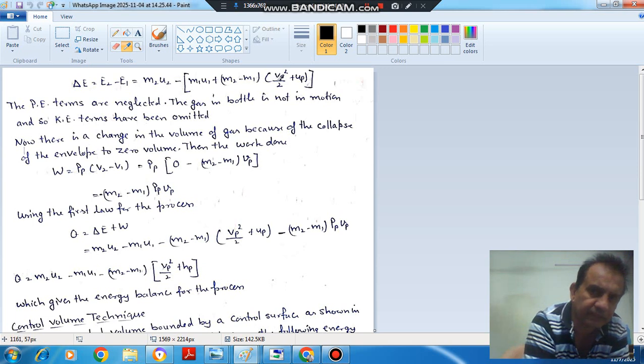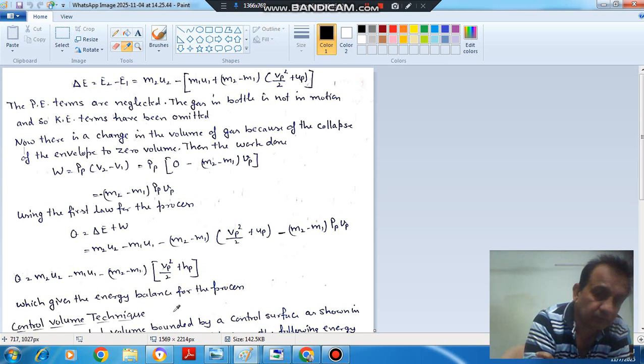We have not taken the potential energy Z terms, only the kinetic energy and internal energy. Also there is no potential energy term within the bottle, assuming the level of the bottle remains the same before and after filling, and there is no change in kinetic energy within the bottle. So this is the change in energy.